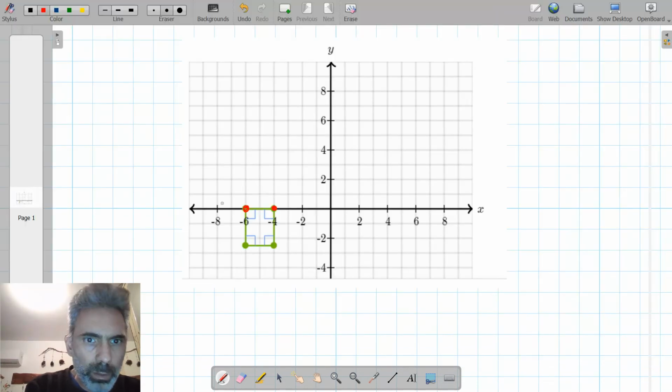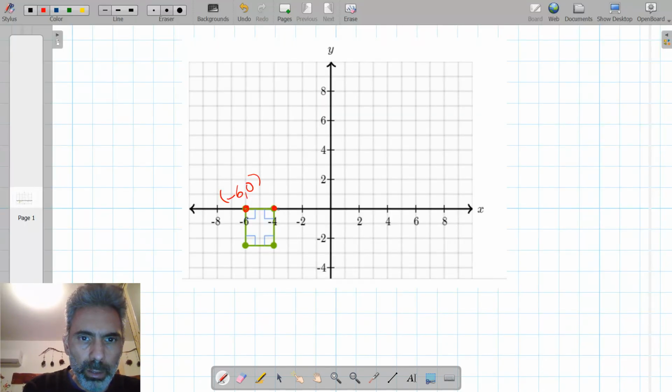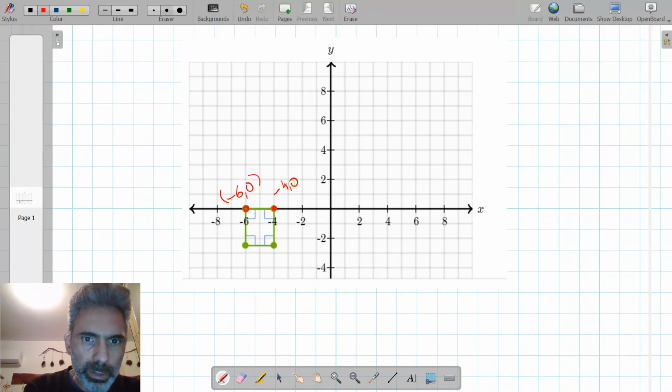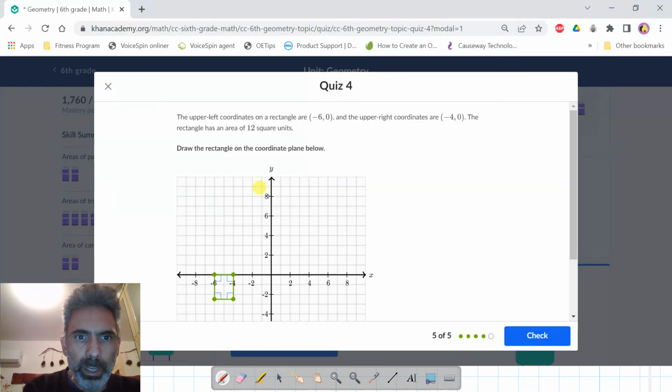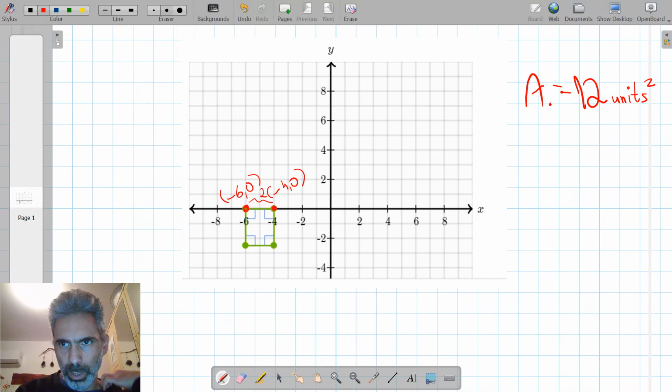They have the coordinates of -6 and 0, and this upper right corner has the coordinates of -4 and 0. So the distance between -4 and -6 is 2. And we know that the area is 12 square units. Okay, this is the area.